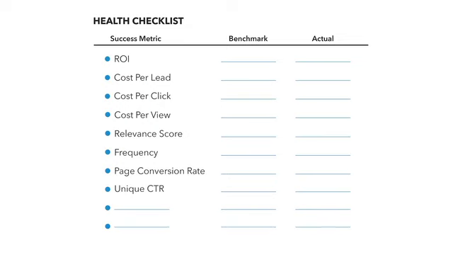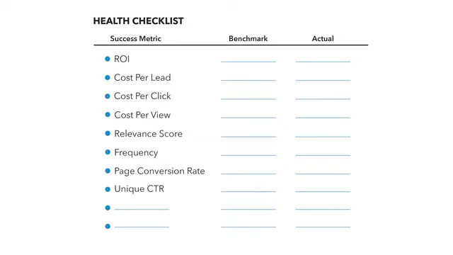So if you remember back to the traffic plays, there was a section on each play that said success metric. And I listed the metric that was most important to the success of that particular campaign. So most of the time with the monetization campaigns, the success metric was ROI, right? Sometimes cost per lead. For a lot of the acquisition campaigns, it was cost per click or cost per view.